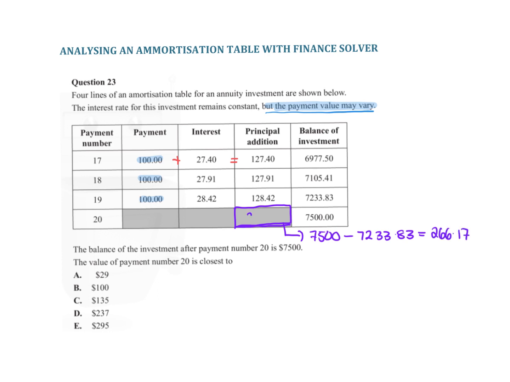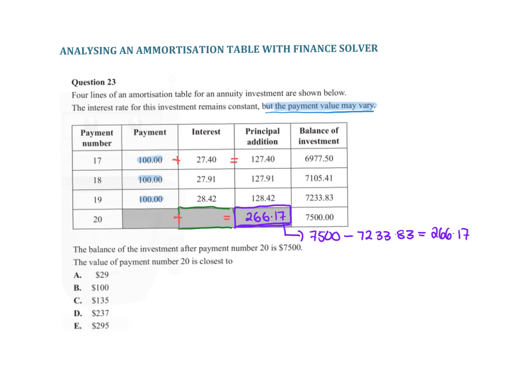So I know that this investment went up by that much. So we know that the payment plus the interest is going to give that. Because the interest rate hasn't changed, I'm going to have to find out how much interest we gained here. So I'll put it in green.